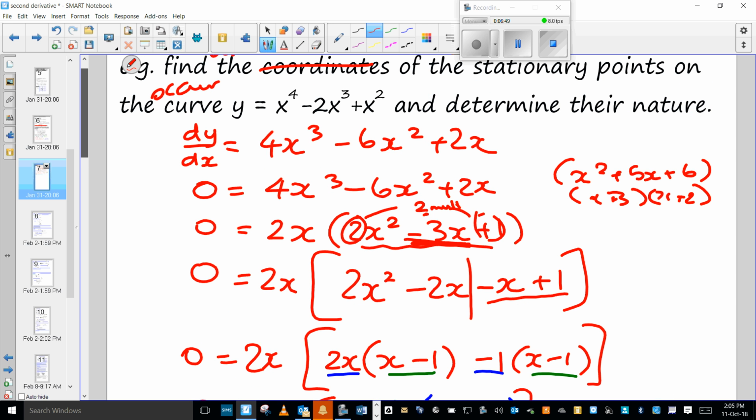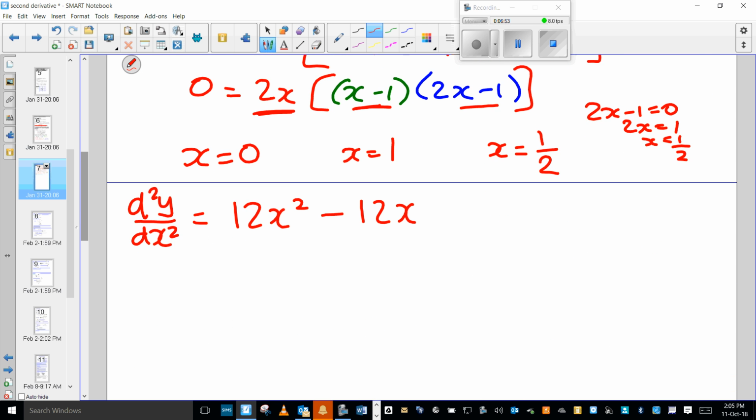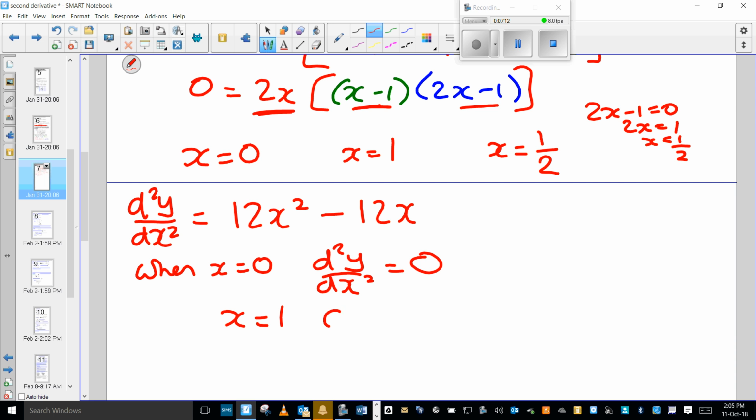I'm going to keep going. So I found my second derivative, so what am I going to do to find out what kind of points they are? I'm going to stick those values in. When x is 0, the second derivative is 0. When x is 1, that's 0 as well.